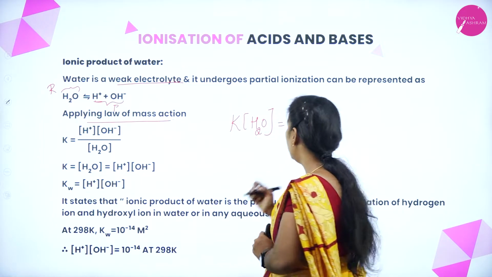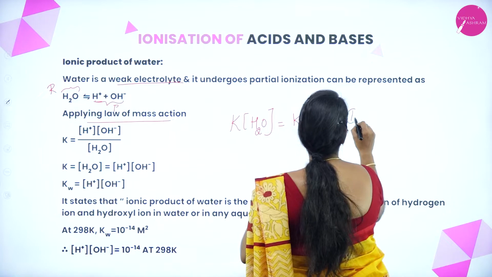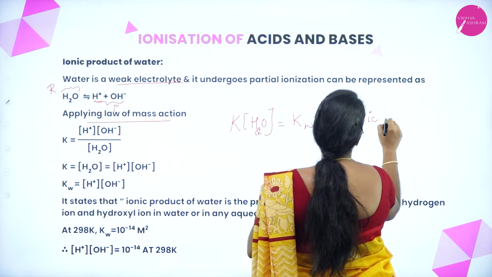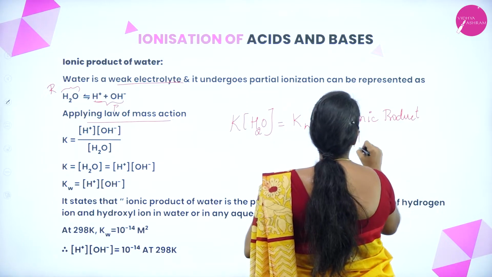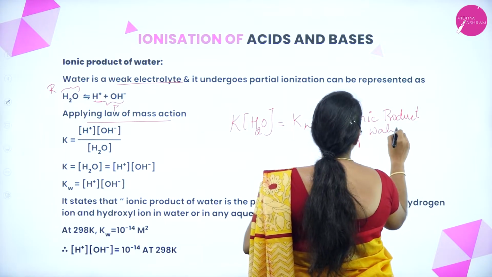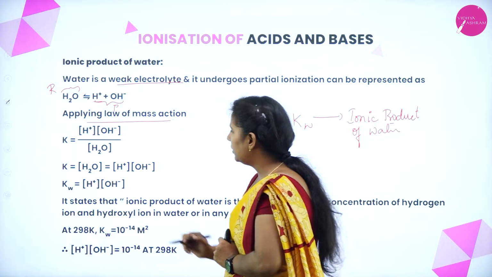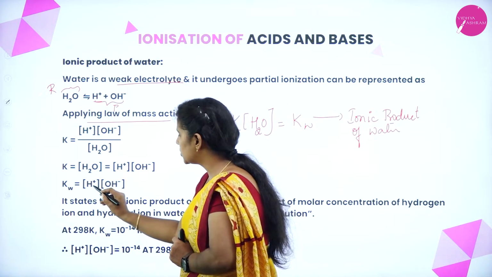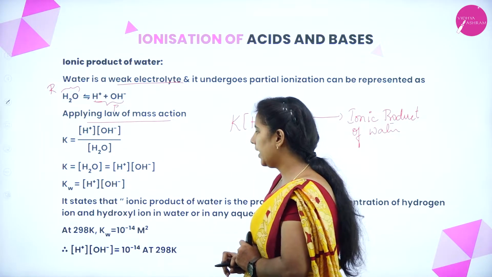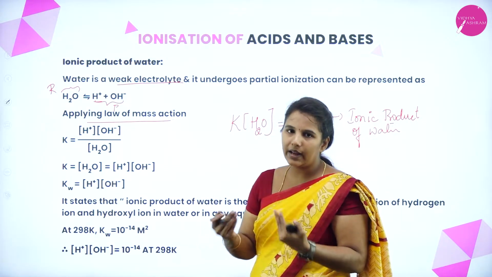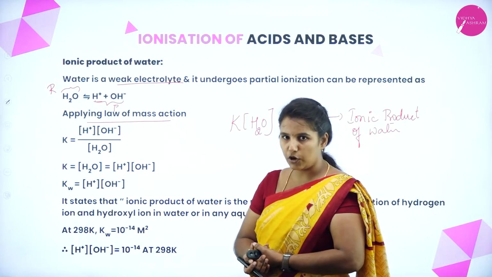What is Kw? Kw is the ionic product of water. So Kw is equal to the molar concentration of the product, that is H plus, into the molar concentration of the OH minus ion.